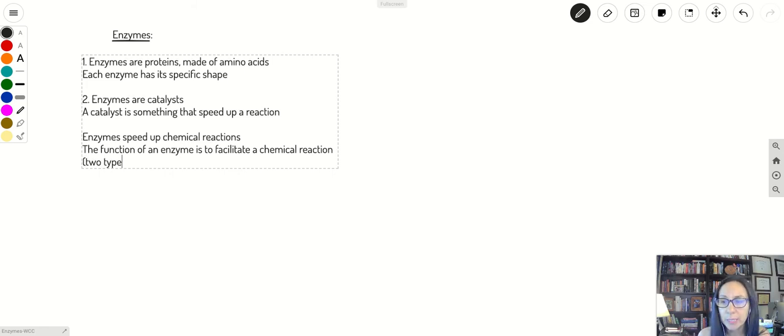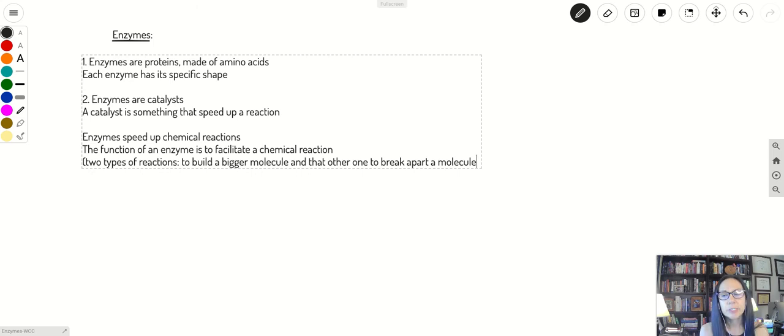There are two types of reactions, and one is to build a bigger molecule, and the other one is to break apart a molecule. Okay, and so enzymes either put together pieces or they take apart something big into smaller pieces. Okay, so that's what enzymes do.